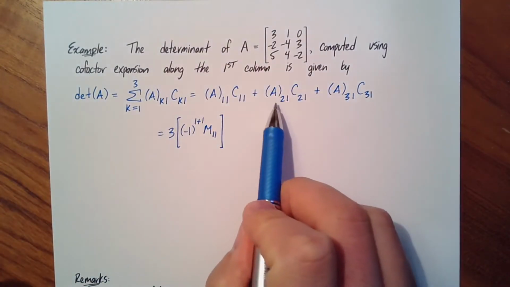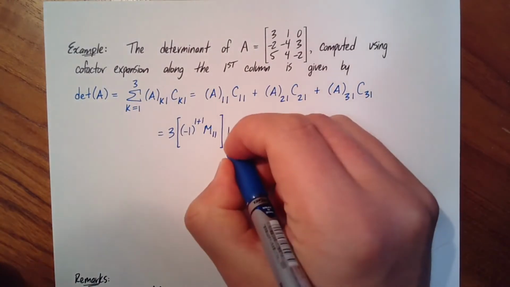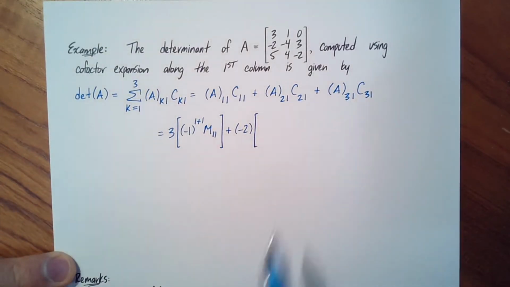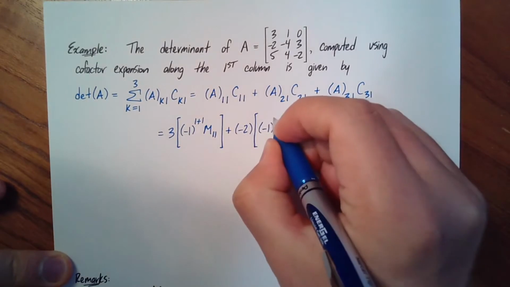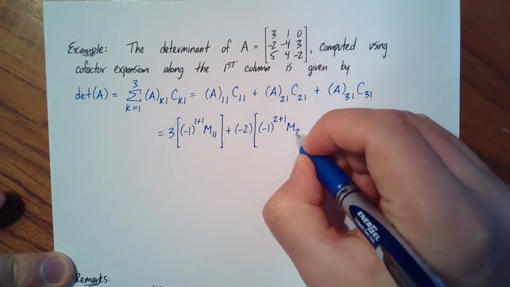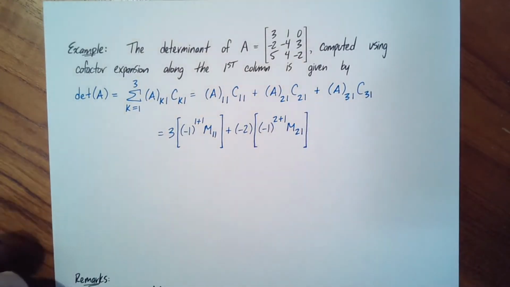Now the second term, we're going to have the entry from A in the second row, first column. So that's going to be negative 2, and then multiplied by C21. So that's going to be negative 1 to the power of 2 plus 1 multiplied by the minor in the second row, first column. All right, and that's our second term.